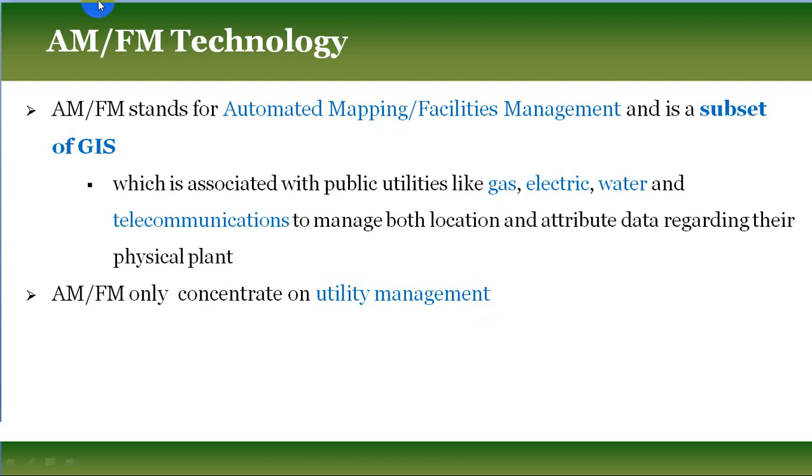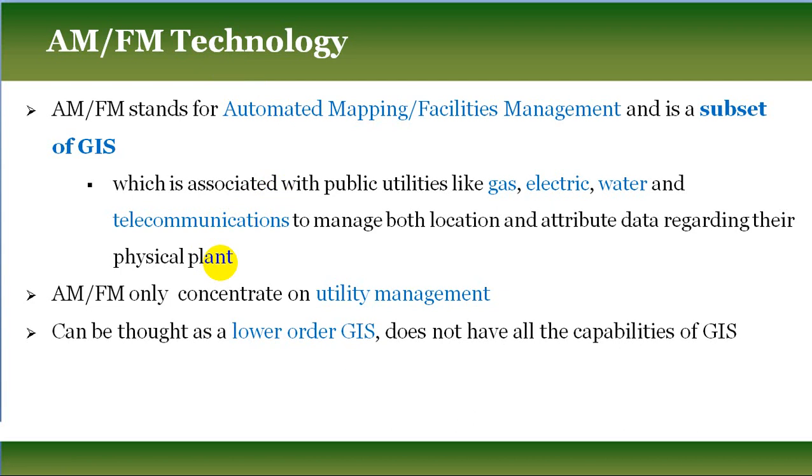So this is a little bit older, and nowadays very few utility organizations use AM/FM technology, because, as I told you, GIS can handle all types of utility management along with other application purposes. So it can be thought of as a lower order GIS that does not have all the capabilities of GIS.